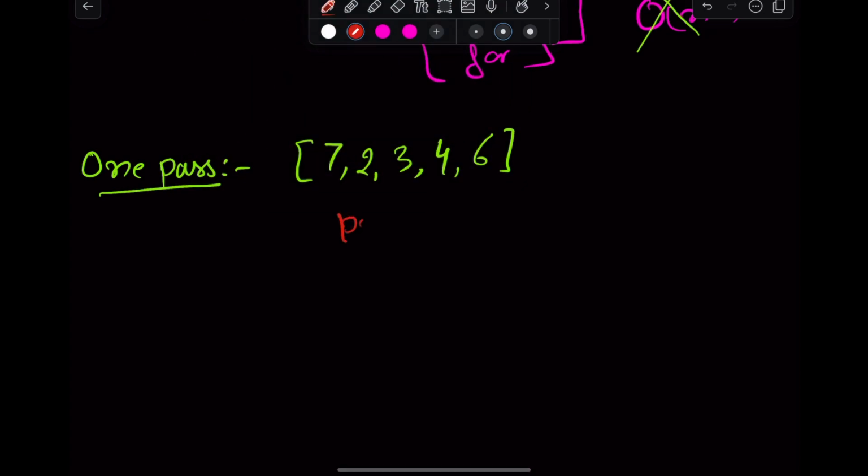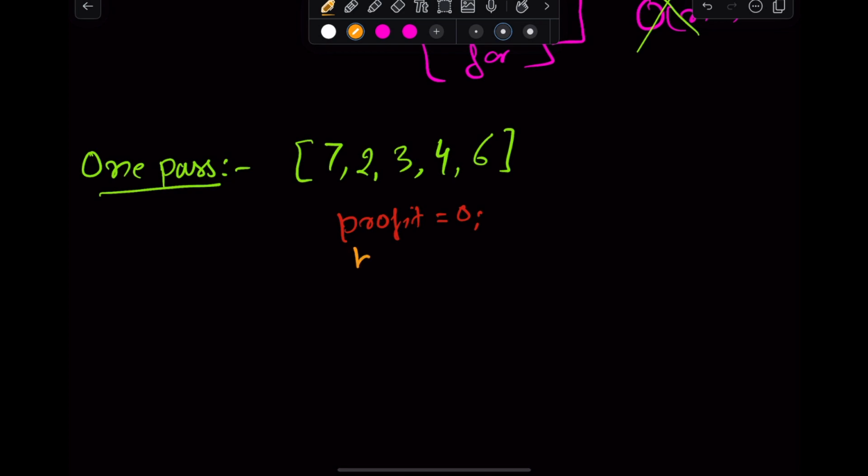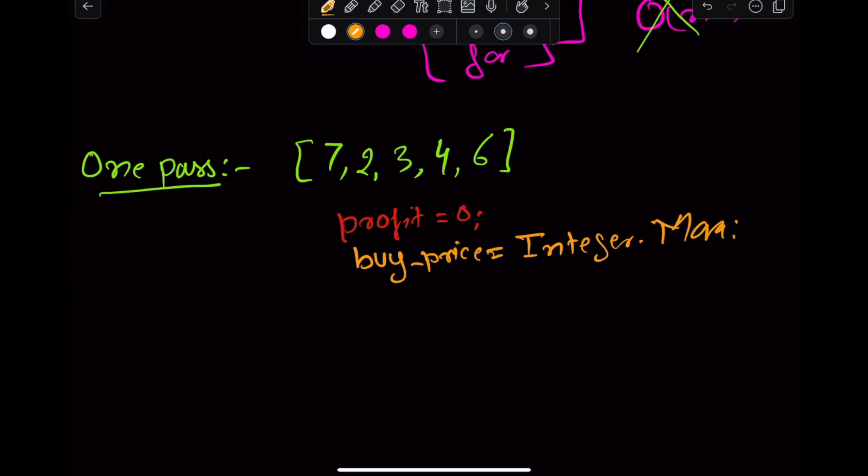First is called profit, which will be set to 0, and the second variable is called buy price, and that variable is set to integer dot max value, so that every other number in the prices array is smaller than that, right?